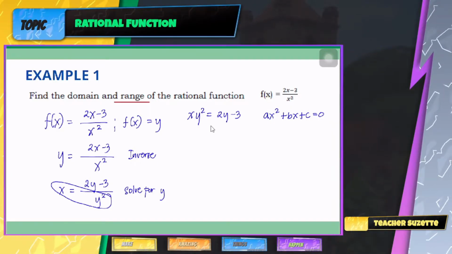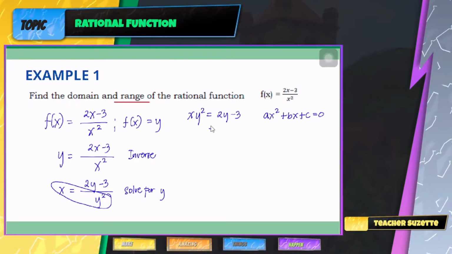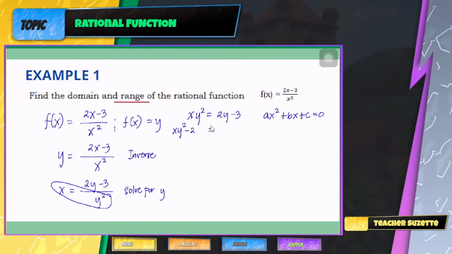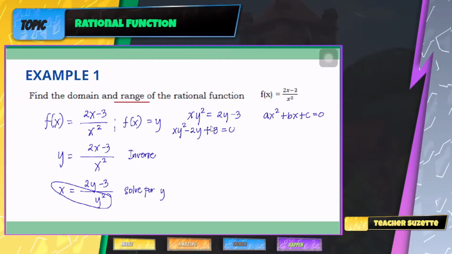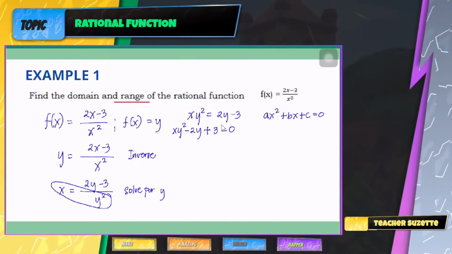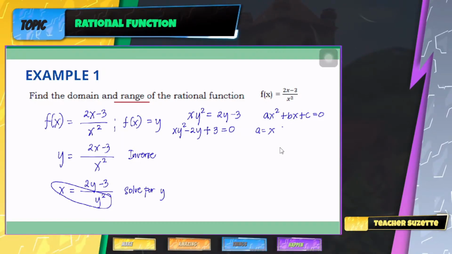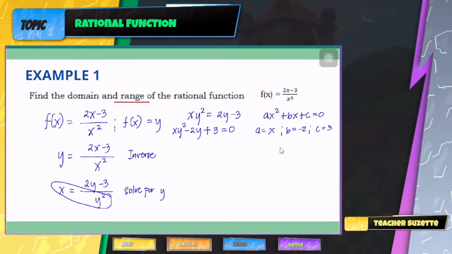You will have xy squared minus 2y plus 3 is equal to 0. It is now in quadratic form. Our a is x, our b is negative 2, and our c is positive 3.